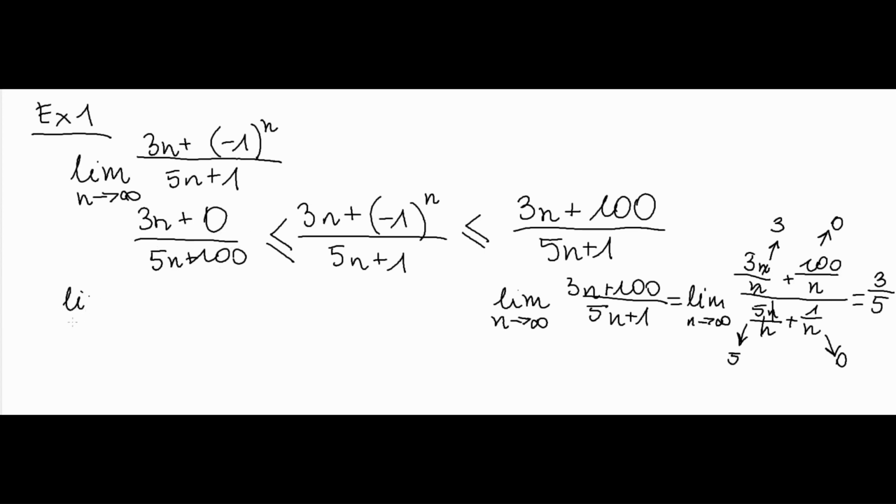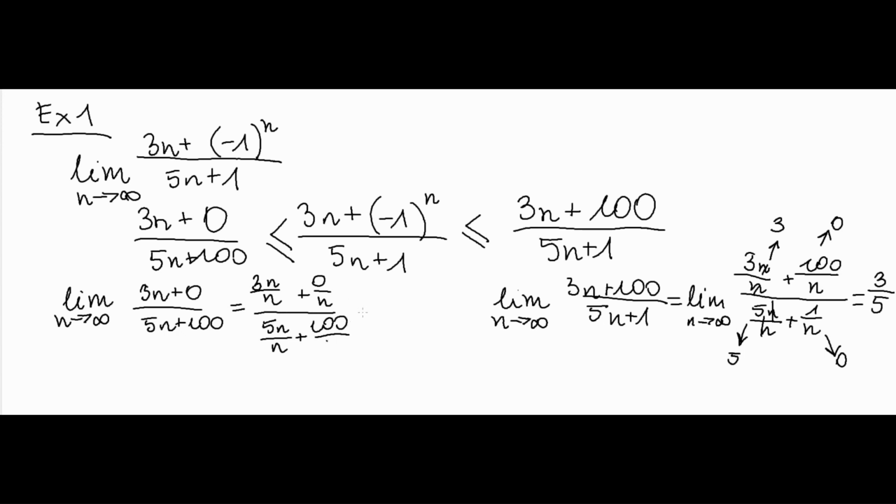Now you also need to calculate the limit of this sequence, and you do it exactly the same way as the bigger sequence was done. So you take 3n divided by n plus 0 divided by n, divided by 5n divided by n plus 100 divided by n. Those two numbers without n go to 0, and the other two go to 5 and 3 respectively. And your limit is equal to 3 divided by 5.